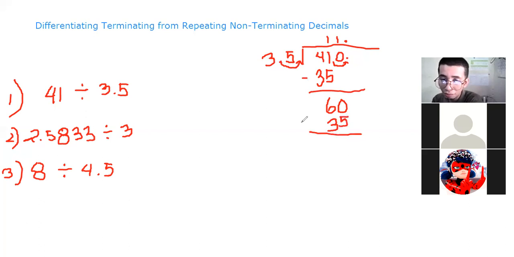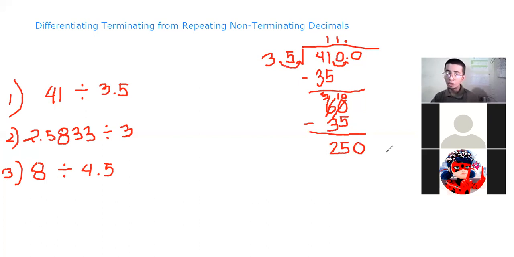Then 60 minus 35 is 25. 25 siya kasi we're going to cancel 0 and borrow 1 from 6. So 6 will become 5 and 0 will become 10. 10 minus 5, that is 5, and 5 minus 3, that is 2. So 25 cannot be divided into 35. So we're going to add another 0.